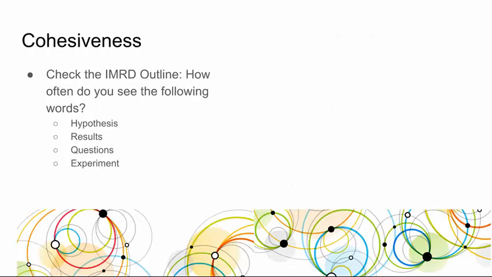So, next, one thing I want to think about with cohesiveness is I want to look at the IMRD outline. I think I have a few copies of that. And I want to think about how often you can find these words. Here we go.